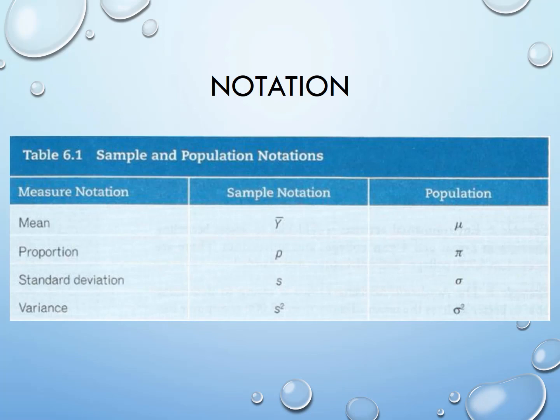When we talk about proportions, the sample notation is p, and for the population, we use the lowercase Greek symbol, again, pi. The standard deviation is notated for the sample with an s, and for the population, again, a lowercase Greek symbol, sigma. And the variance is just s squared for the sample, or sigma squared when we talk about the population.